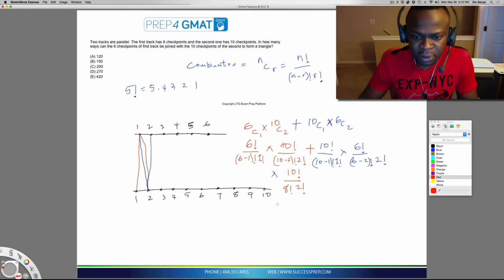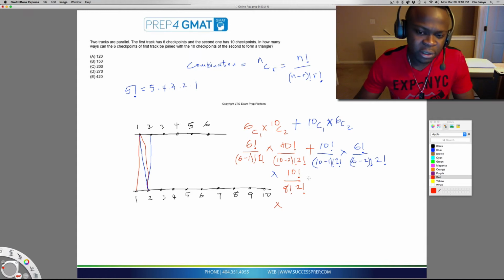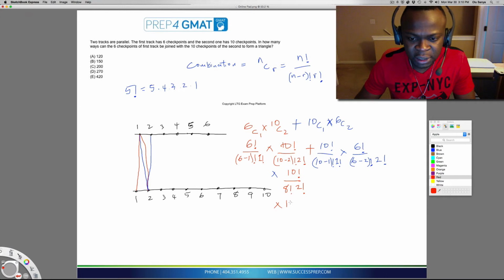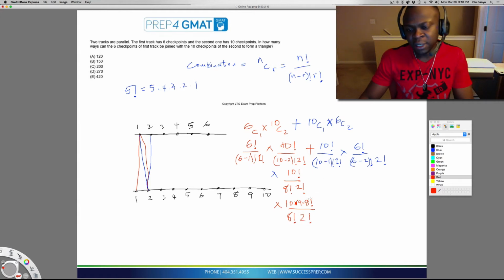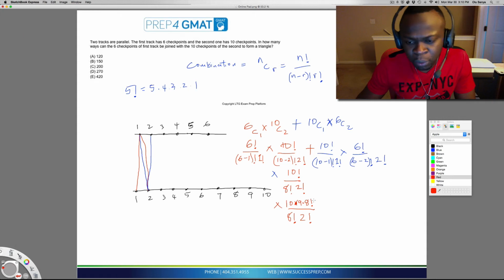Since factorial means you multiply down, this is essentially 10 times 9 times 8 factorial over the 8 factorial you already have, 2 factorial. Notice that I stopped at 8 factorial because there's no point in going 8 times 7 times 6 all the way down when I already have an 8 factorial here that it can cancel with. So I'm going to cross that out.